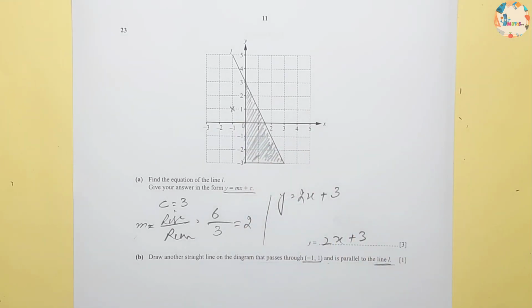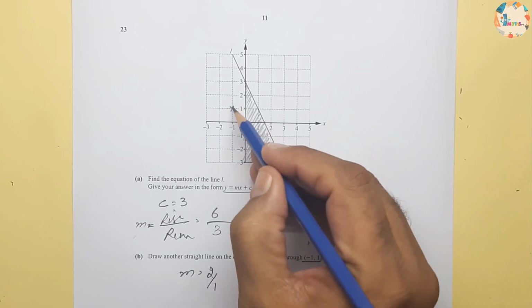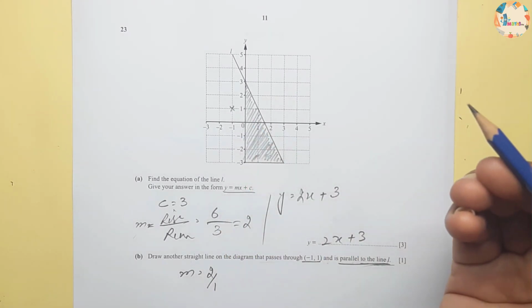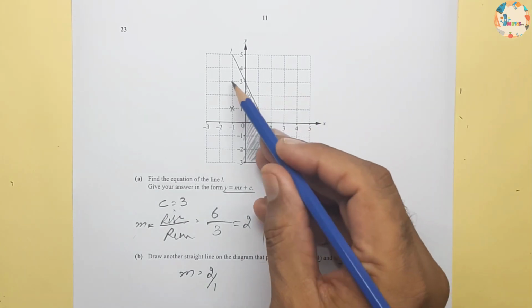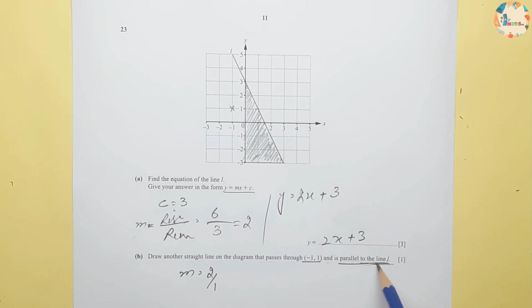Second point we will find from this one, that straight line in the diagram passing through and parallel to the line L. So parallel to this line will be having same gradient, so m will be equal to 2. So 2 we can write 2 over 1, so rise over run. So from here rise will be 2 units and run will be 1 unit. This is parallel to this line, right?